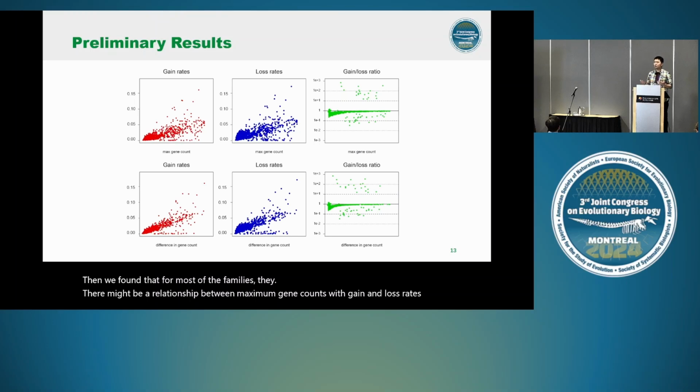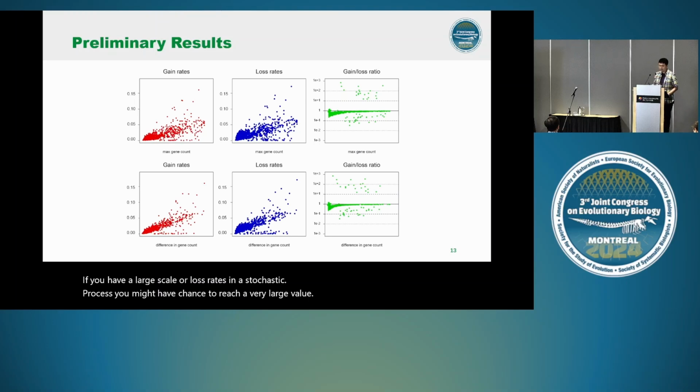This is reasonable because if you have a large gain or loss rate in a stochastic process, you might have a chance to reach a very large value.